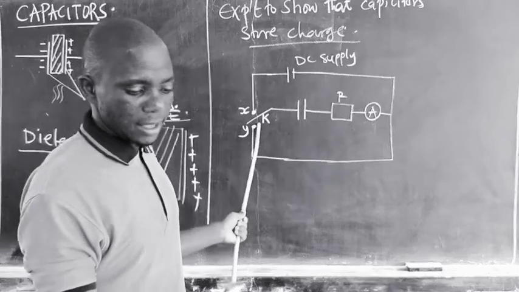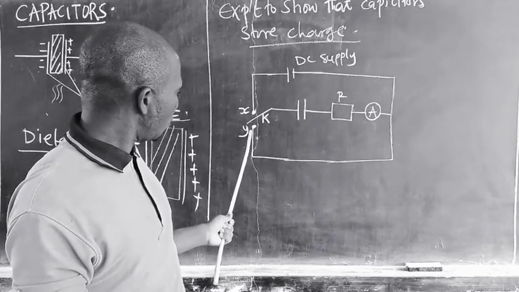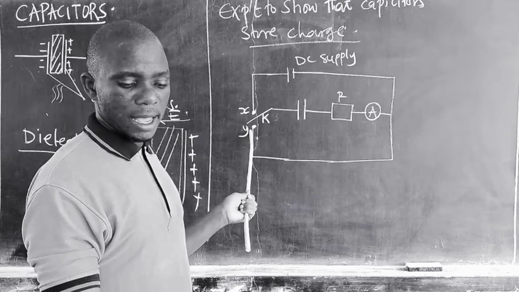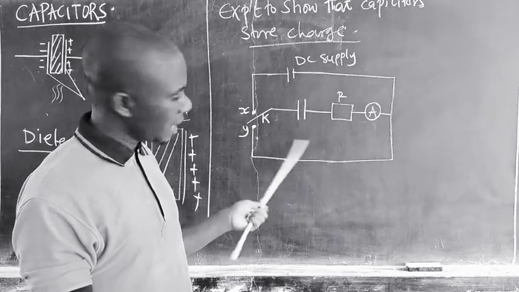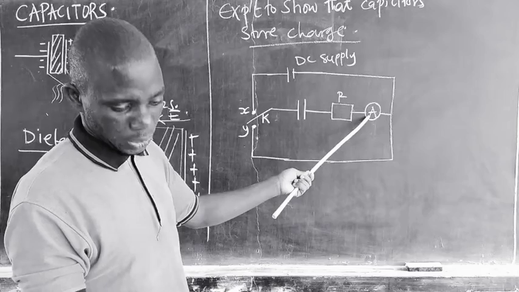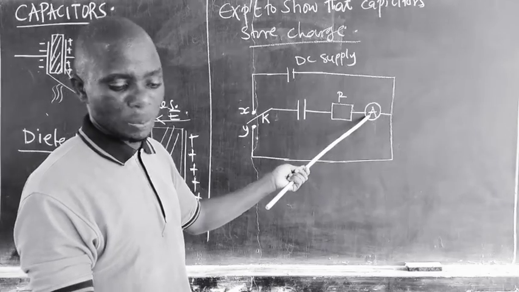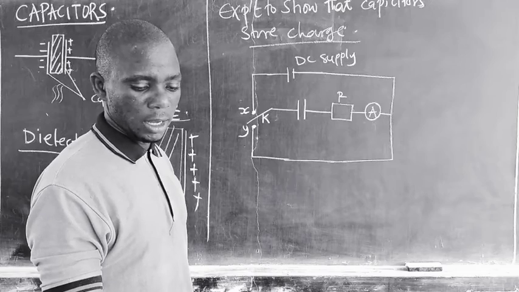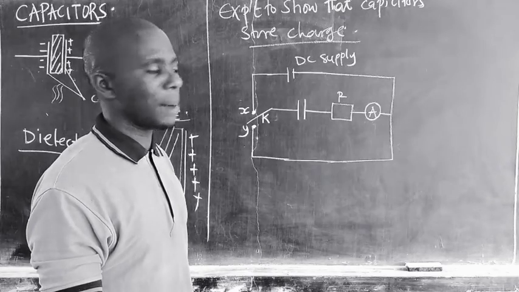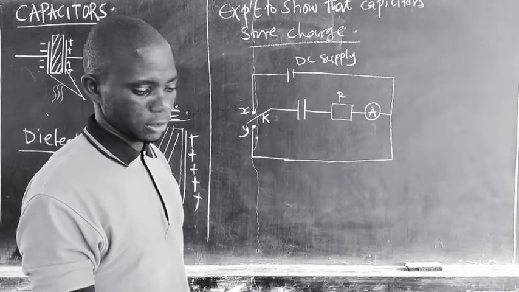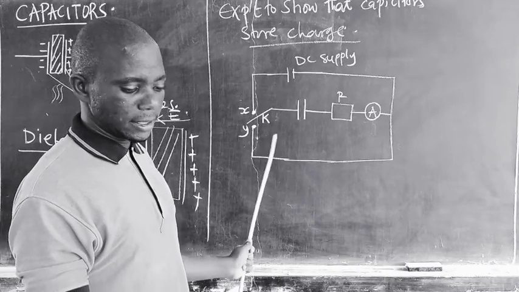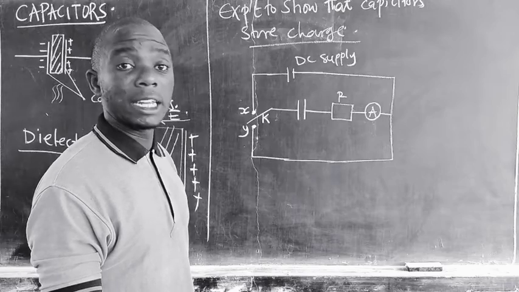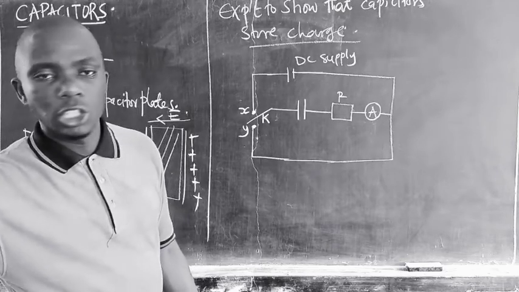The switch K is then connected to Y. The ammeter A is observed to show the same maximum deflection, but in the opposite direction, which also reduces to zero in a short time as the capacitor discharges. This second deflection confirms that the capacitor had initially stored charge.